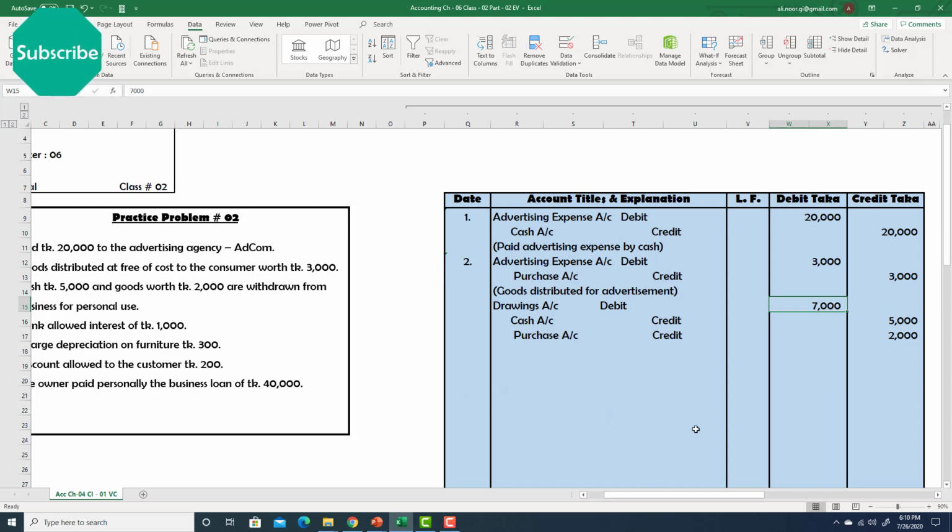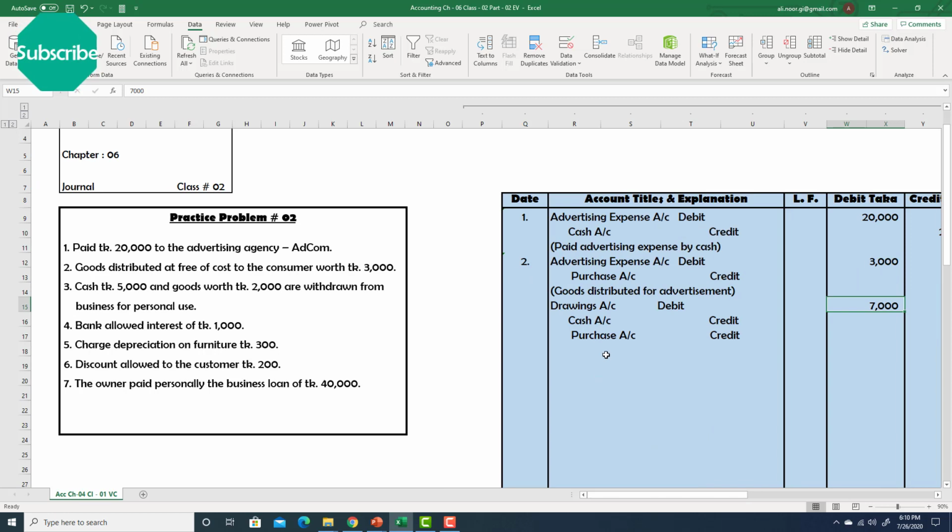Okay, so you must have to equal them, otherwise it will be regarded as mistake. Okay, and you will lose marks in your exam.